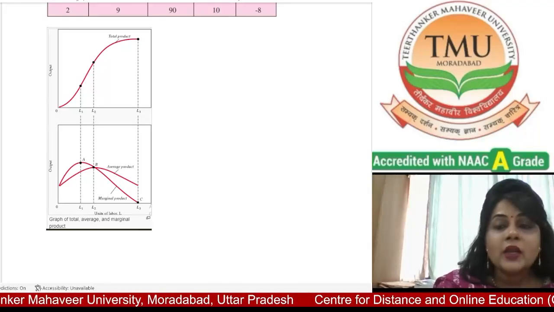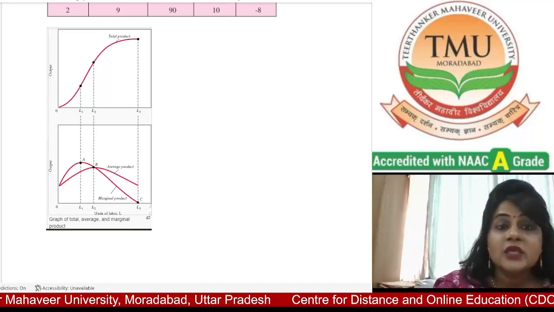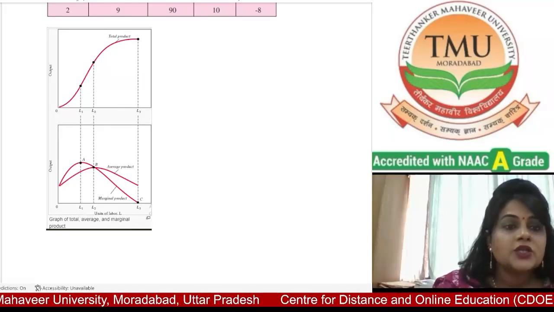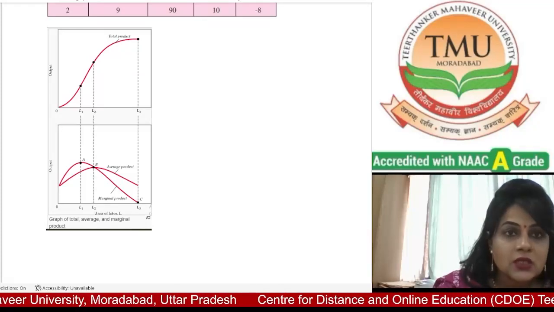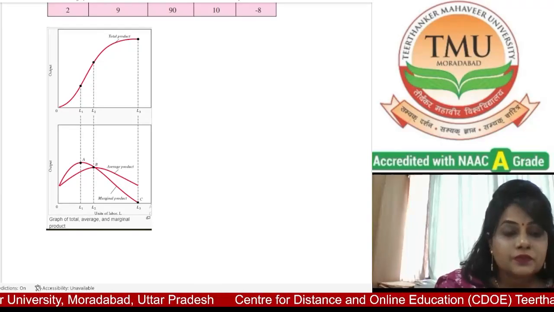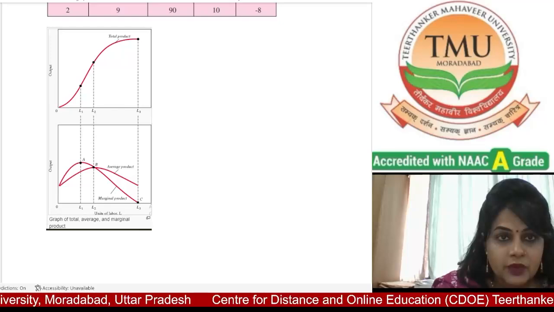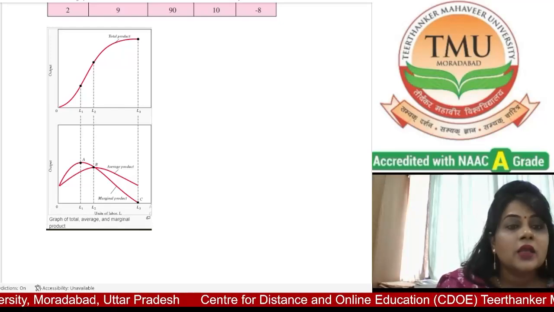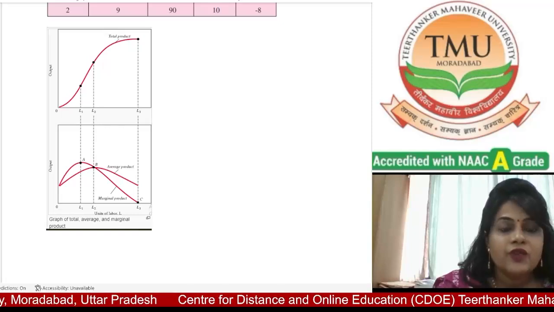When the MP starts to decline but remains positive, the total production is increasing, but at a decreasing rate. This gives the total production curve a concave shape. Here it becomes concave after the point of inflection.